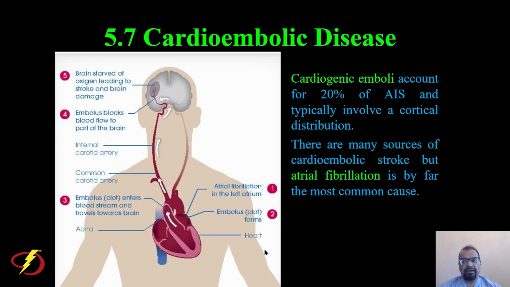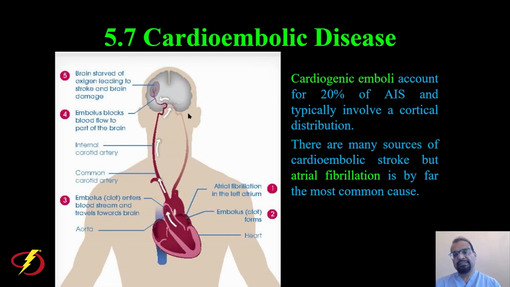Now, cardioembolic disease accounts for 20% of all acute ischemic stroke. There are many sources for cardioembolic stroke, but atrial fibrillation is by far the most common. And what AFib does is it causes the atrium to vibrate, and this clot actually ascends up into the carotid arteries into the brain.